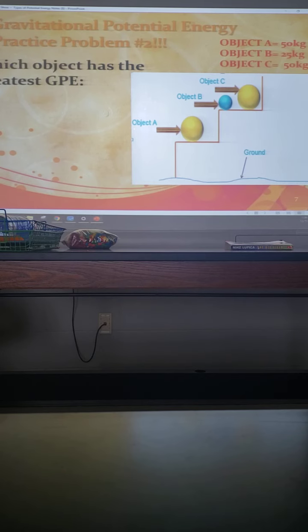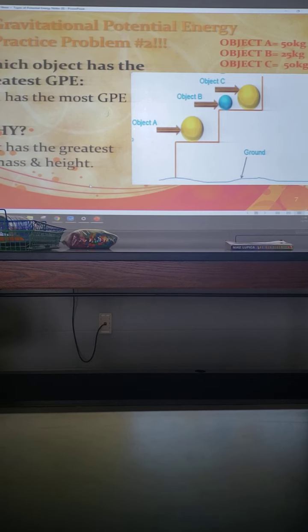We also said potential energy is energy of position, energy that's stored up, whether it's position or just holding it there waiting. So GPE is energy of position, right? You change its location, you give it more height, meaning you allow gravity to act on it more.